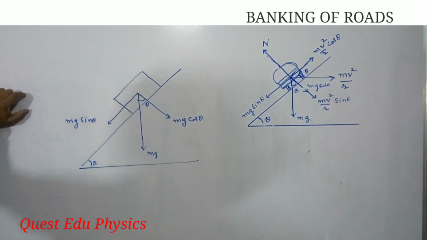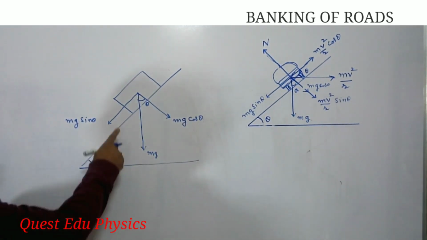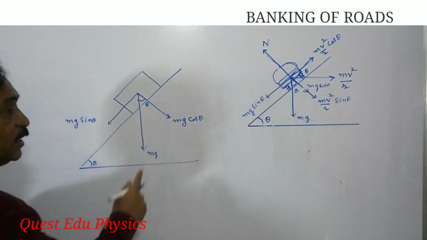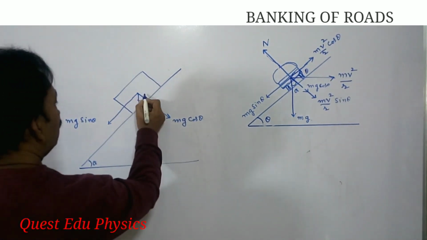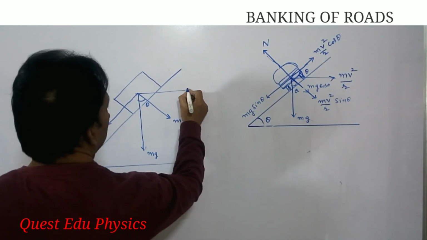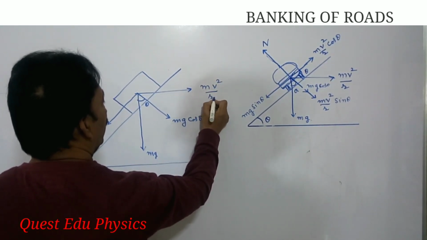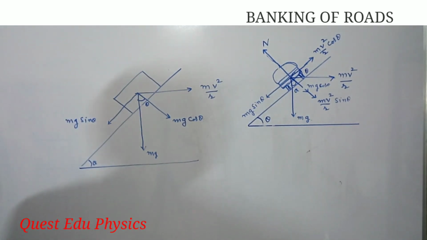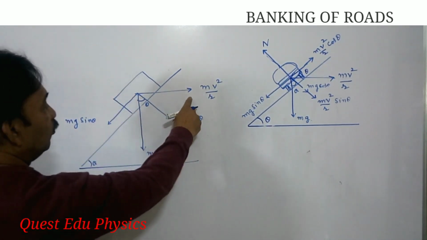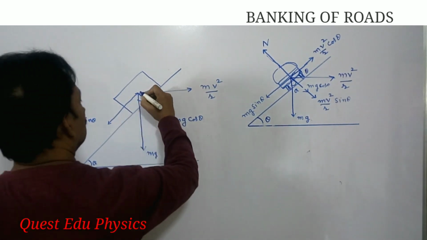Okay students, while negotiating the curve, the car experiences a force, I said. It is the centripetal force, mv²/r. I'm resolving this centripetal force into two components.